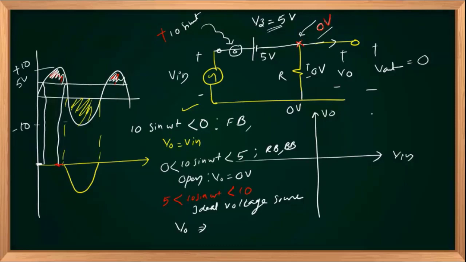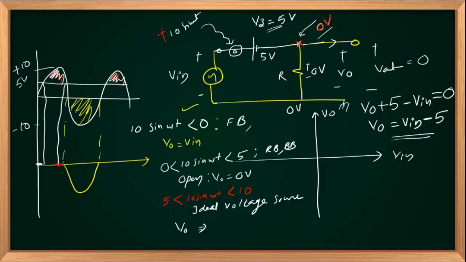Starting from ground: negative positive plus V out, negative positive plus 5, positive negative minus V in equal to 0. Or V out is nothing but, taking V in to the right hand side, V in minus 5. It's obvious that the negative pole is connected to the output side. So you're actually subtracting 5 volts from the input, and this happens when V in is greater than 5.